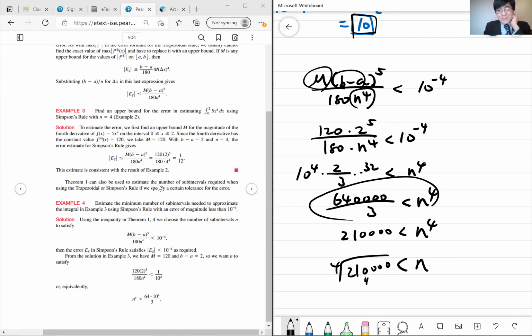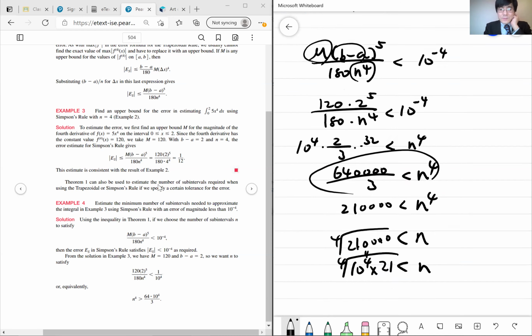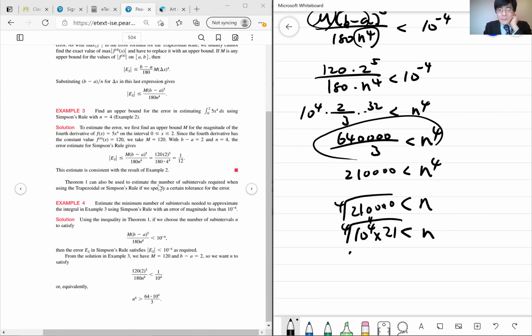I rewrite this as 10 to the power of 4 times 21, so it's going to be 10 times the 4th root of 21. So this is something like 2 point something. So n must be greater than 20 something.